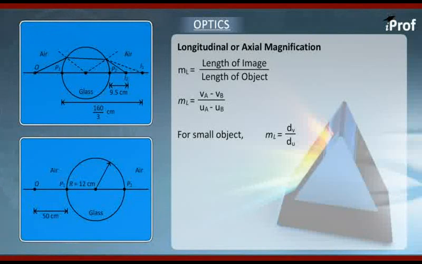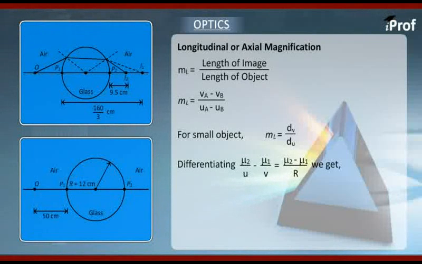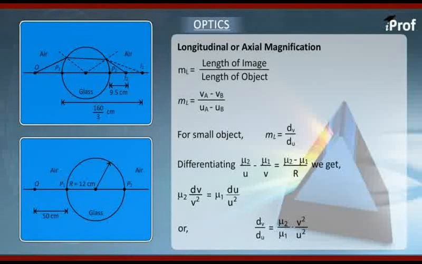Differentiating the basic equation which we have derived for refraction from a spherical refracting surface, that is mu2 by V minus mu1 upon U is equal to (mu2 minus mu1) upon R, we get mu2 dV over V square plus mu1 dU over U square, and that gives, on rearrangement, mu2 dV by V square will be equal to mu1 dU over U square, and this on rearrangement gives dV over dU is equal to mu2 over mu1 into V square over U square.